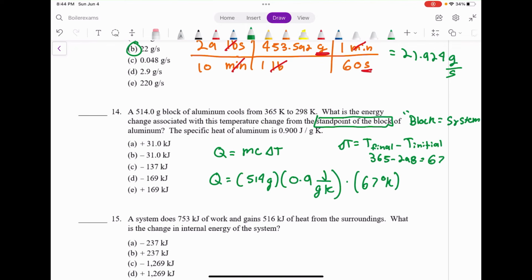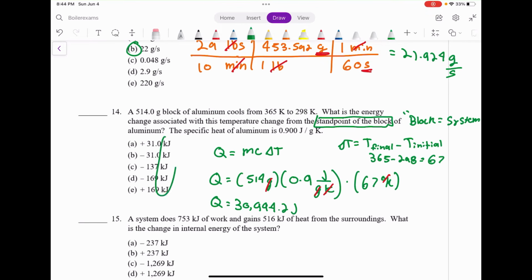Okay. Let's see what we got here. Grams cancel. Degrees Kelvin cancel. And then we will just have joules. So 514 times 0.9 times 67. I get 30,994.2 joules.